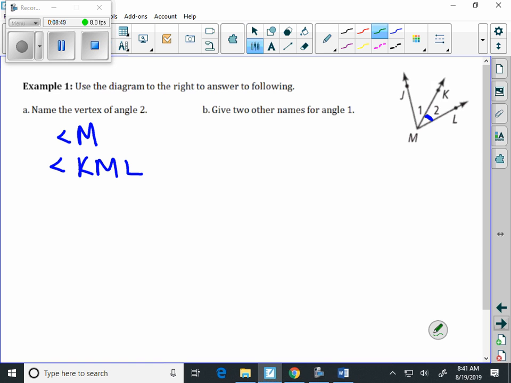And then over here on part B, it says give 2 other names for angle 1. Well, here's angle 1. Notice I'm putting a little curved arc in there, which we may get into today or maybe tomorrow. But when we look at this, I might say angle JMK.